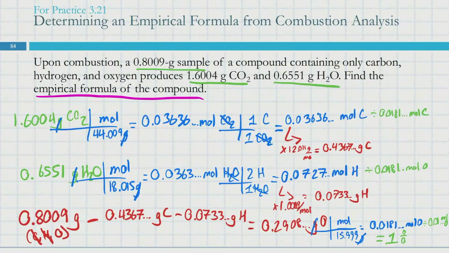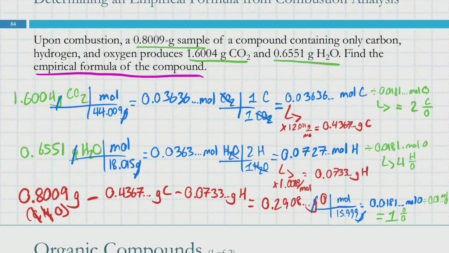Okay, there's that number, divide by that number. This one's 2 carbons for every 1 oxygen. Go find that other number. This is 4 and some change, but it's close enough. We know we're going to round it. Hydrogens for every oxygen.